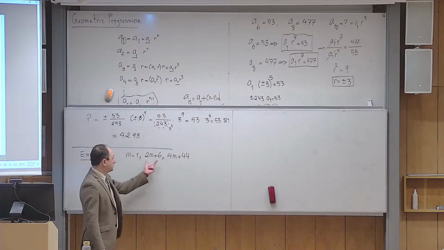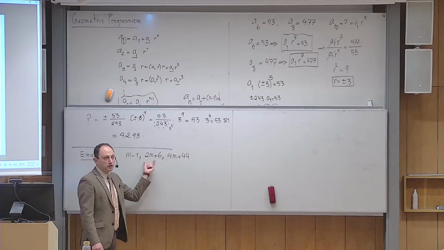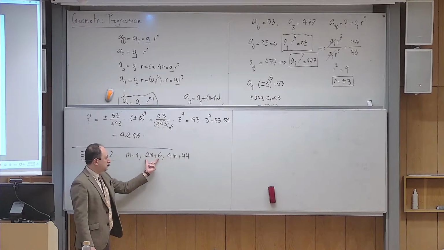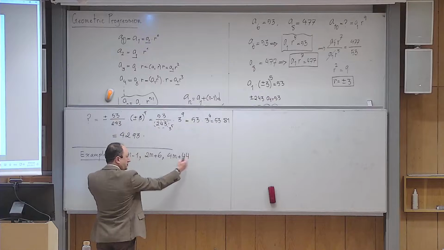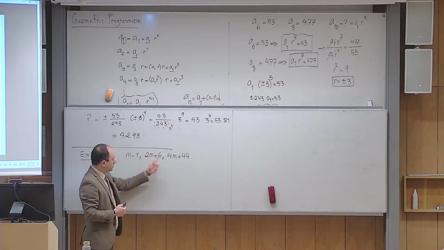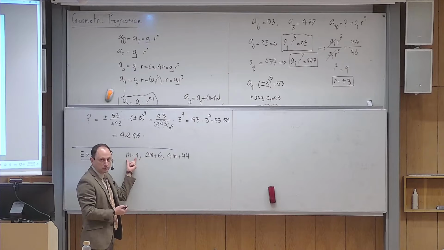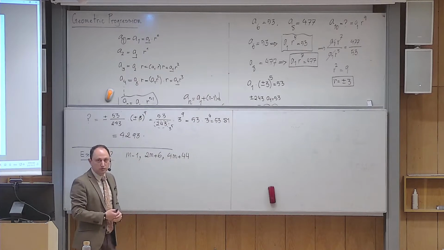So do you agree that if I divide this by that, it becomes equal to if I divide this by that? Because they are supposed to be consecutive terms. This is not the second term, I don't know from which part of the progression I have taken it out. But I know that they are consecutive, so if I divide this by the previous one, it becomes the common ratio. This I know. And if I divide this by that, it also becomes the common ratio.